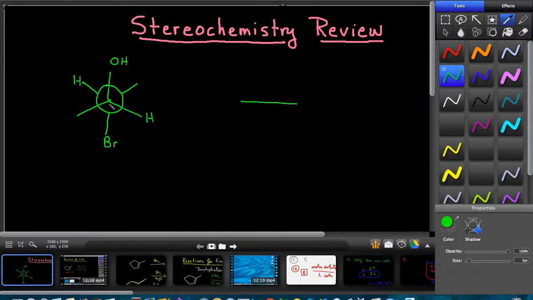Carbon 2 in the plane has an OH. We have a methyl group that will be coming out. And of course we will have a hydrogen that will be going in. Carbon 3 has a bromine that's in the plane.